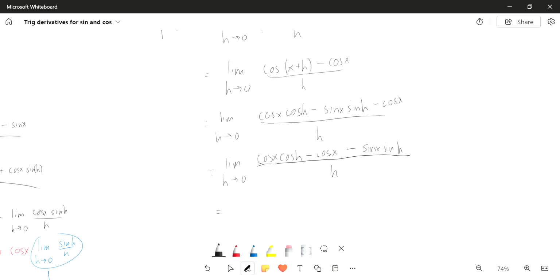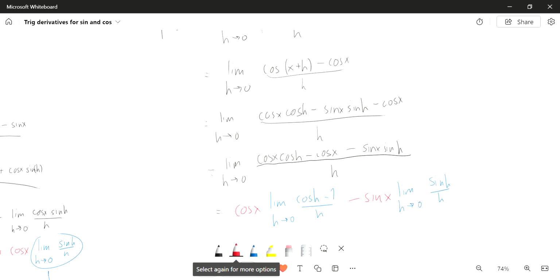So now we can take out a common factor of cosine x and split this fraction. So we get cosine x multiplied by the limit of cosine h minus 1 over h as h approaches 0, minus sine x multiplied by the limit of sine h over h as h approaches 0.